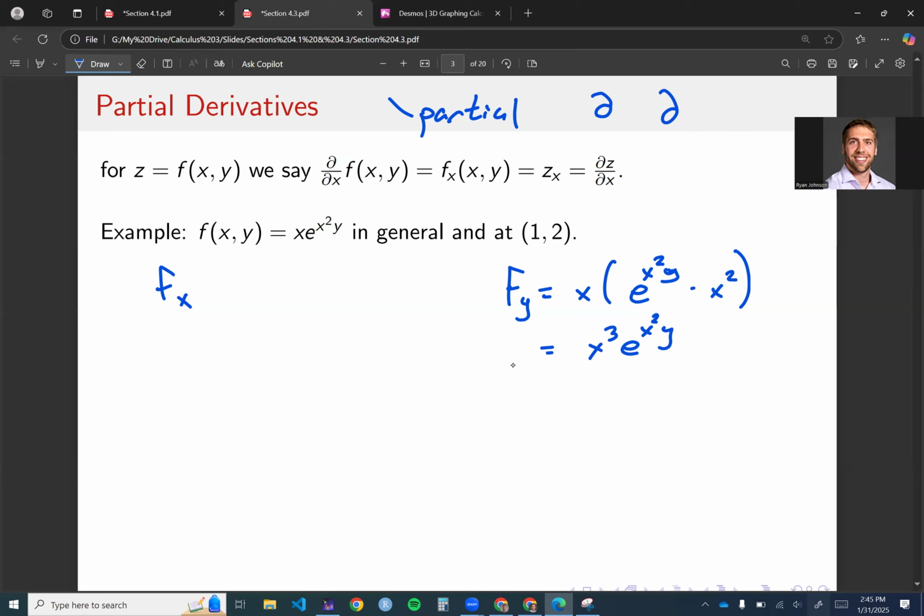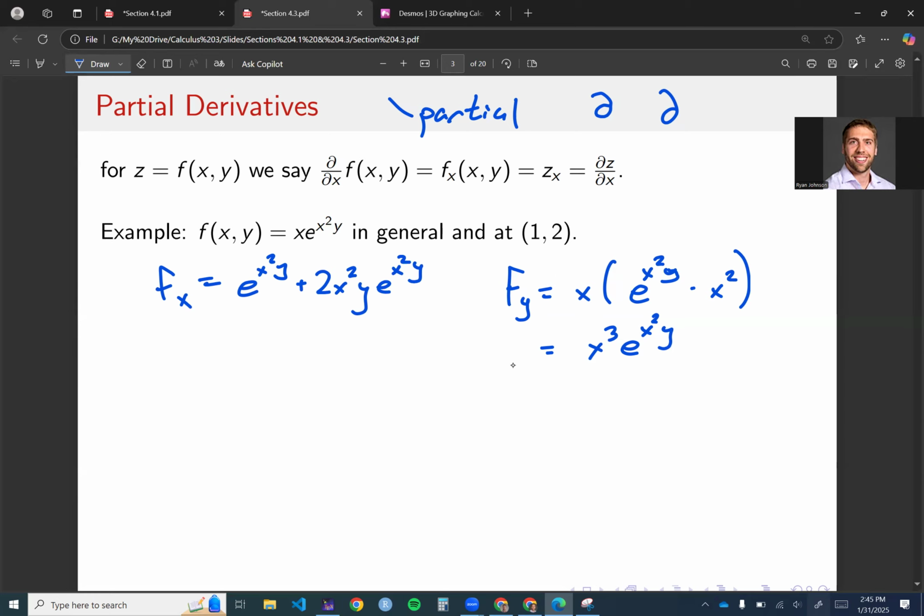You check your answers with people around you. So hopefully you got e to the x squared y plus 2x squared y e to the x squared y.